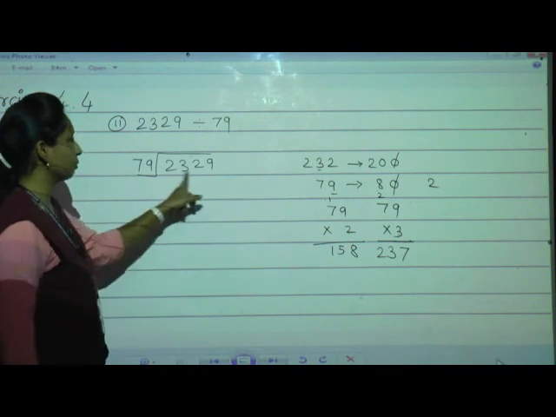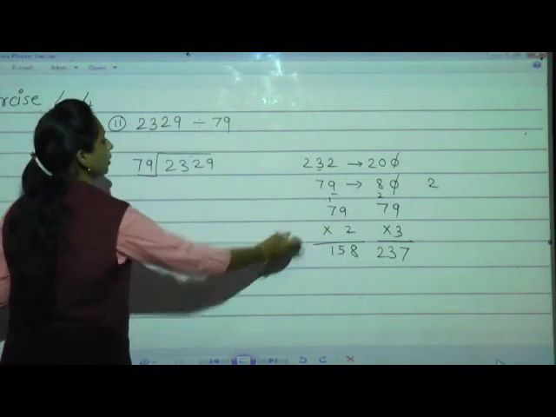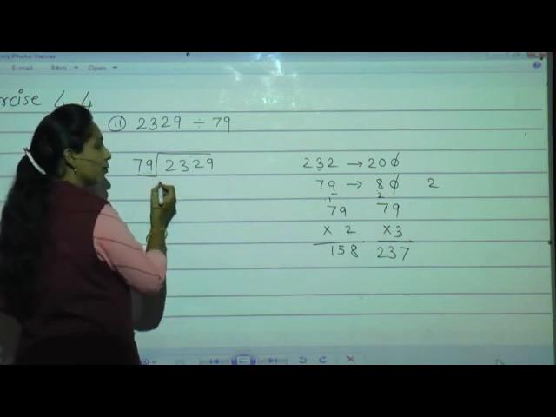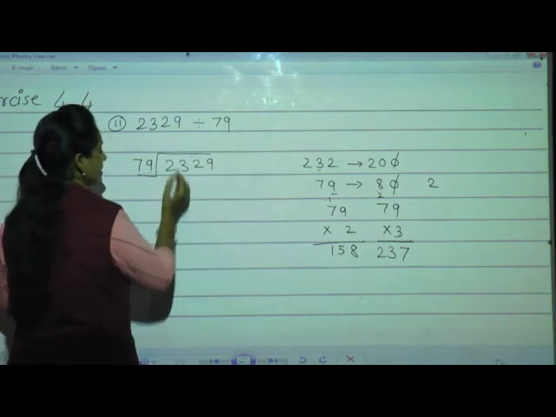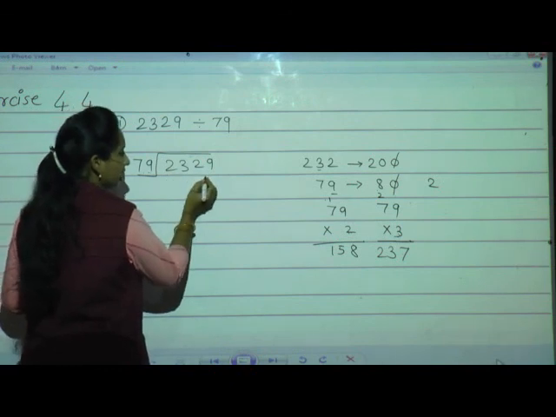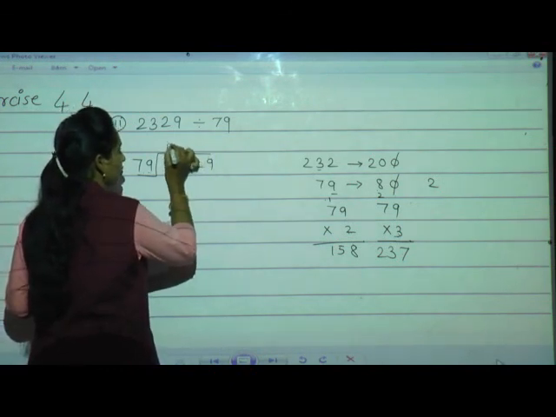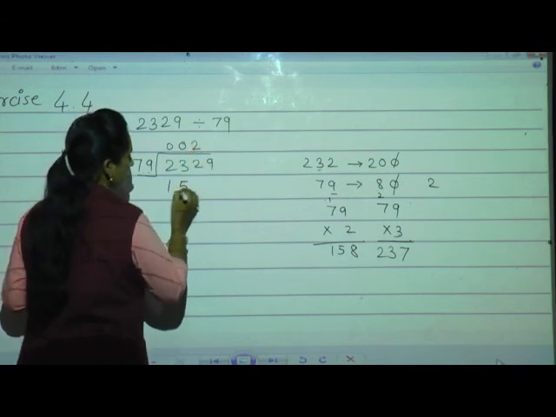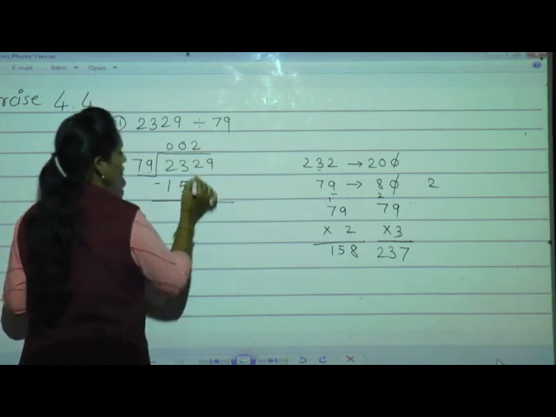So 237 is greater than 232. So we'll go with quotient 2 only. Now 79 how many times? 2 times. See here we are doing with 3 digits, so write at the last. So here what will come? 158. Now subtract.